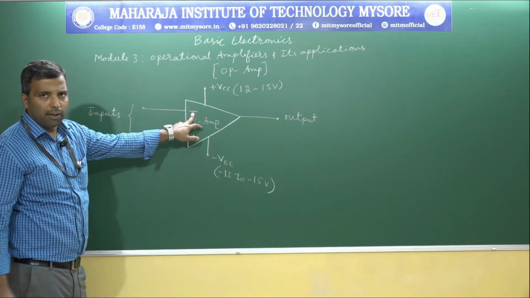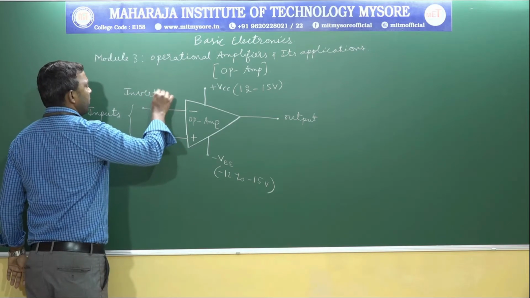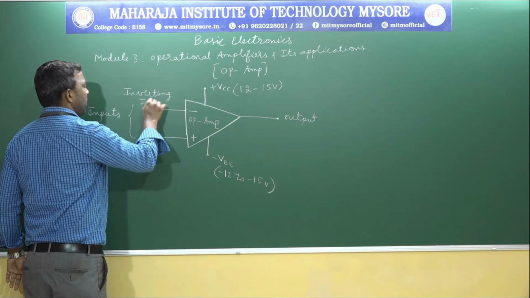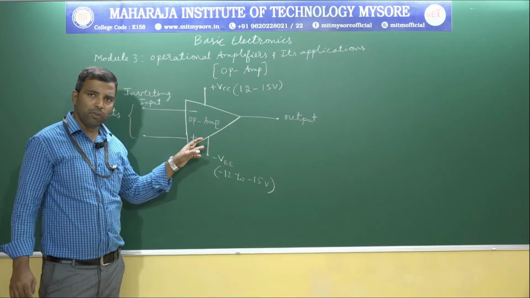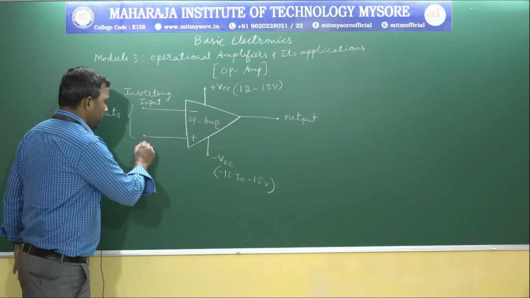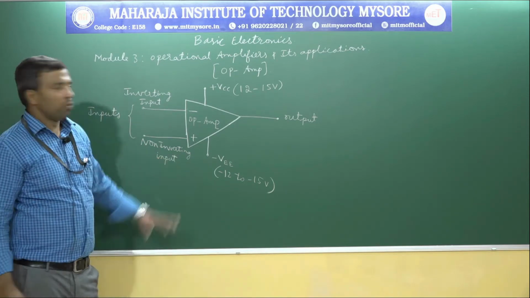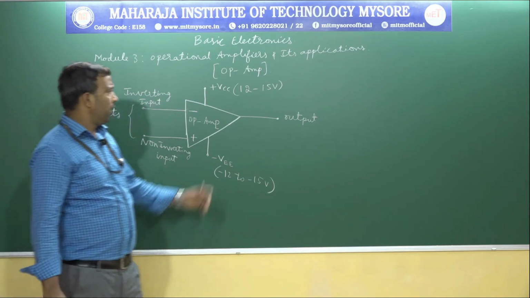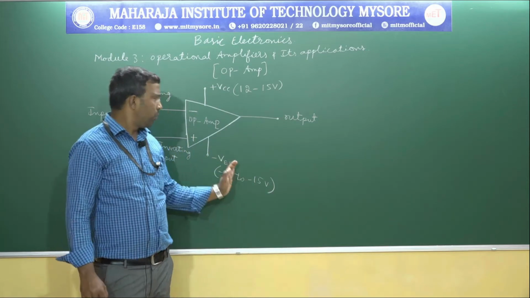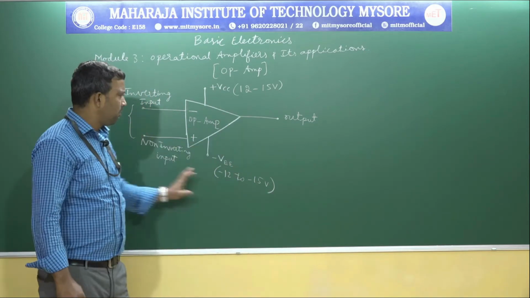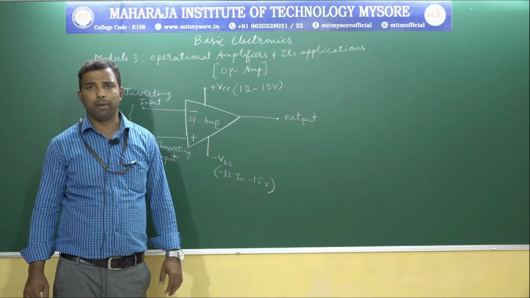The negative terminal is called the inverting input, and the positive terminal is called the non-inverting input. The OPAMP has only one output pin, and 2 supply pins. This is the symbol or block of the operational amplifier.